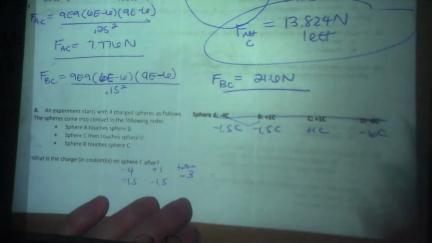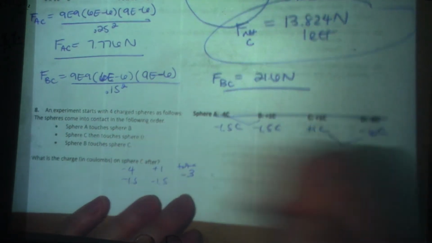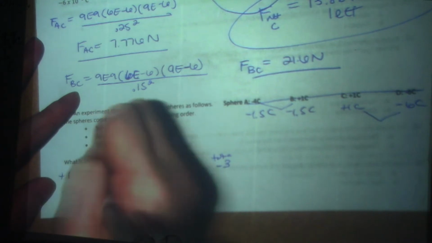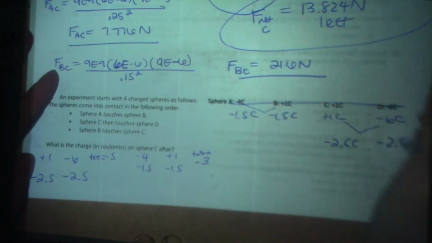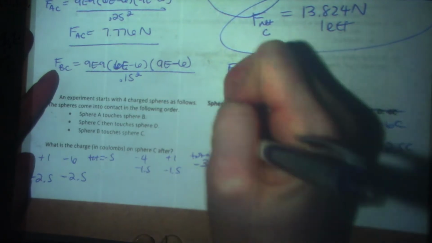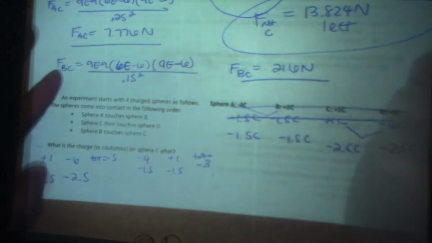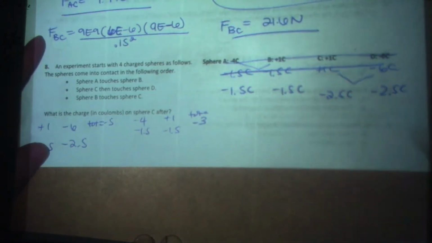Next step is that C and D touch each other, so we have +1 and -6, that's a total of -5, so each has -2.5. And bring the other ones down because nothing happened to A or B in this step, and we can ignore those because this is the new charge distribution.